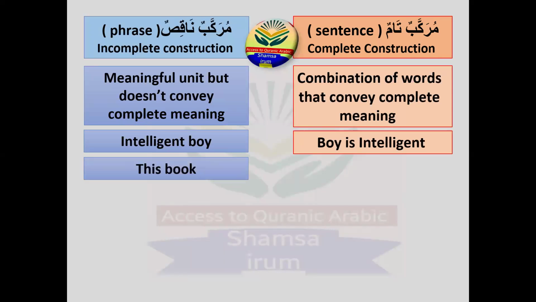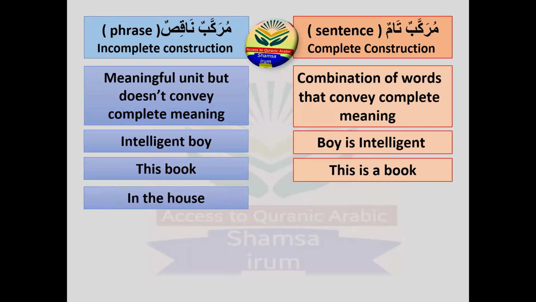A few more examples. This book is just a phrase. On the other hand, this is a book, so it's a full sentence. And in the house is just a phrase. And if I say that Ahmad is in the house, so it's a complete sentence.